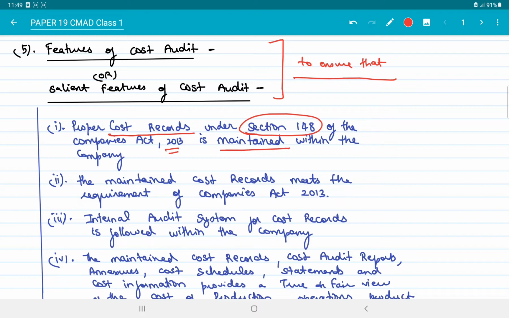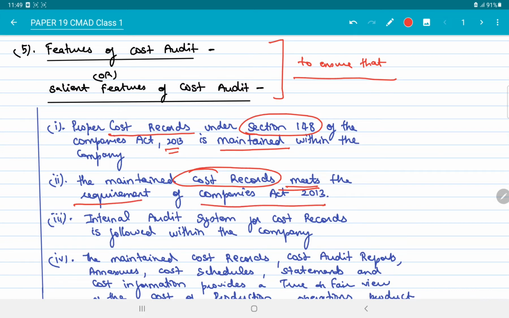As a cost auditor, it is the duty of the cost auditor to ensure that the cost records are properly maintained in line with the requirements of the Companies Act 2013.